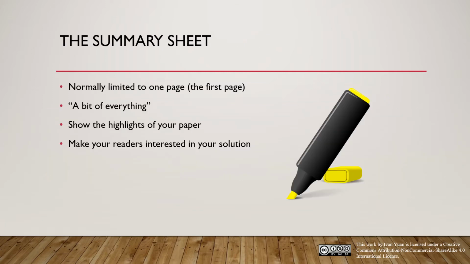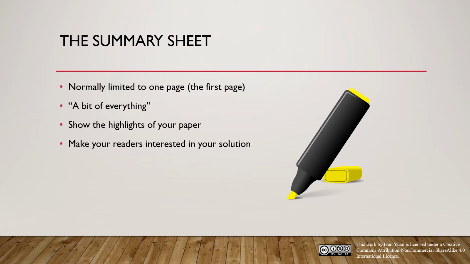So, first of all, the summary sheet. Essentially, the summary is limited to one page, that is, the first page of the paper. It is basically a bit of everything, so you put a bit of every part of your paper into the summary sheet. However, how should you do that?